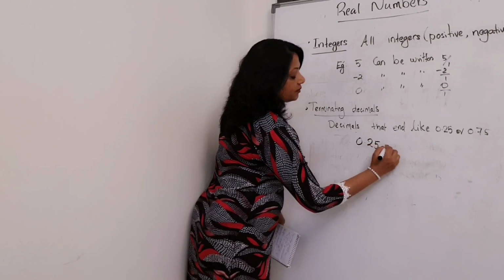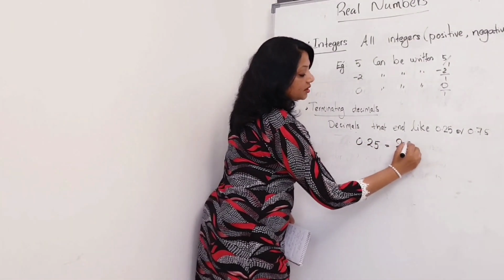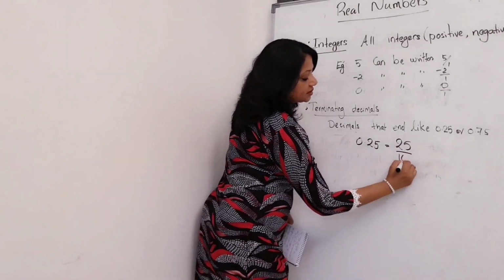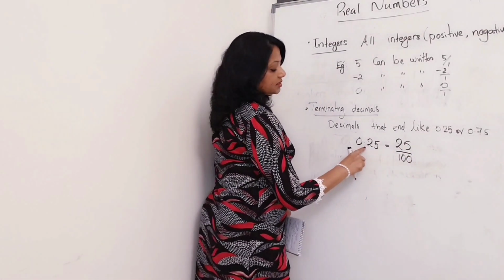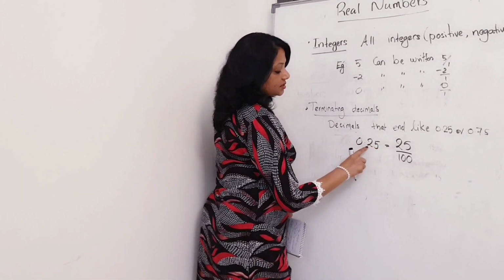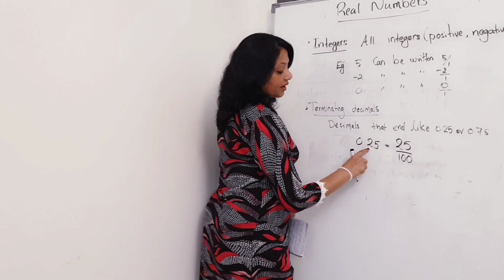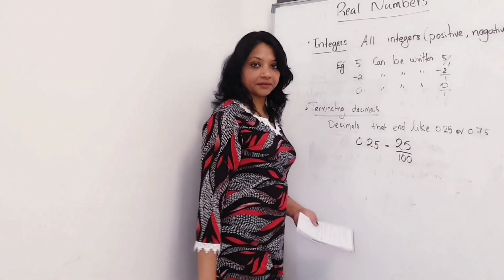Because of the two decimal places, we can divide by 100. So 25 by 100 is 0.25.